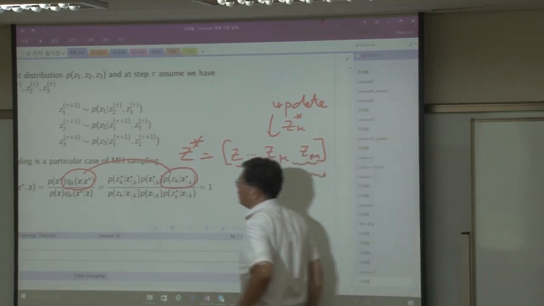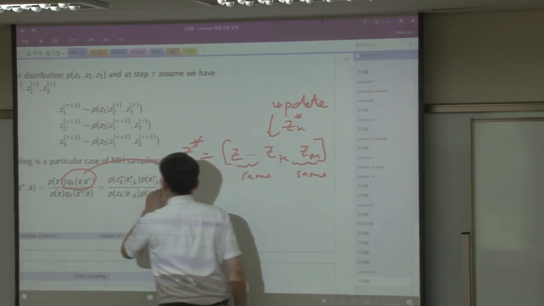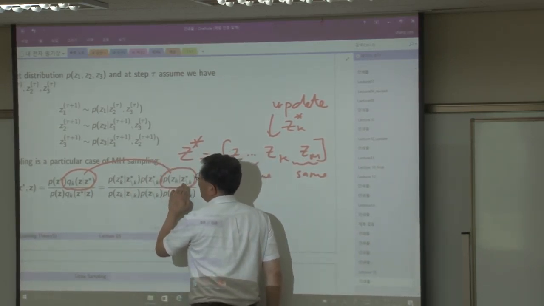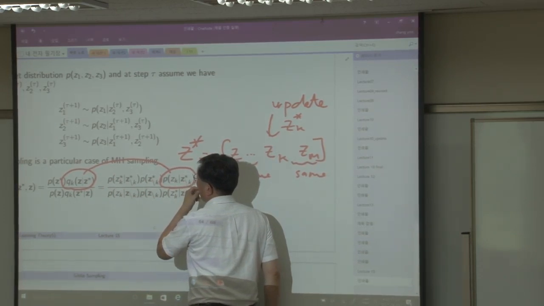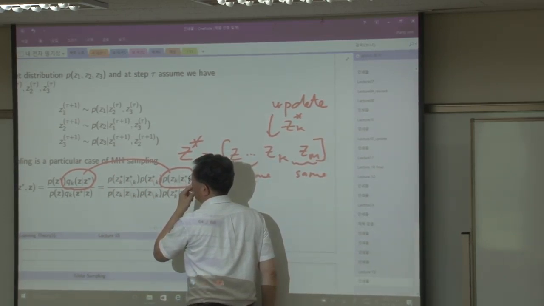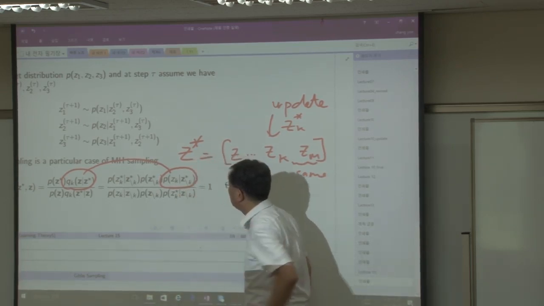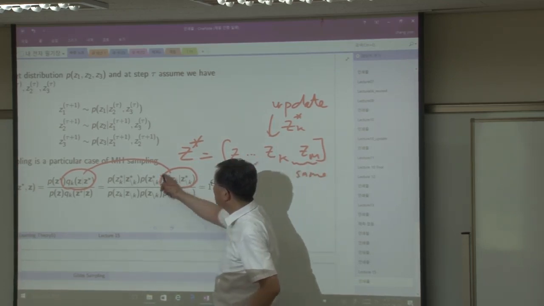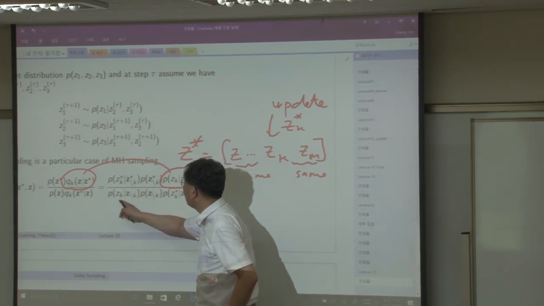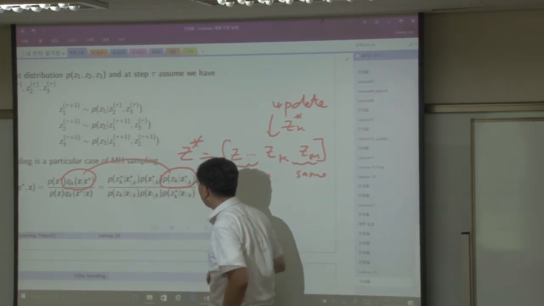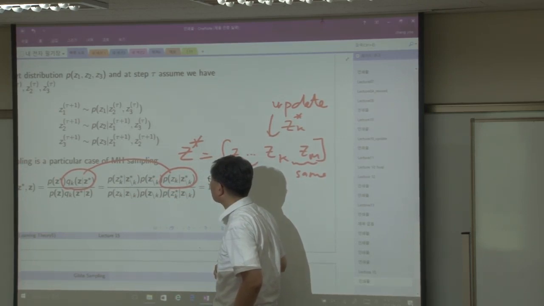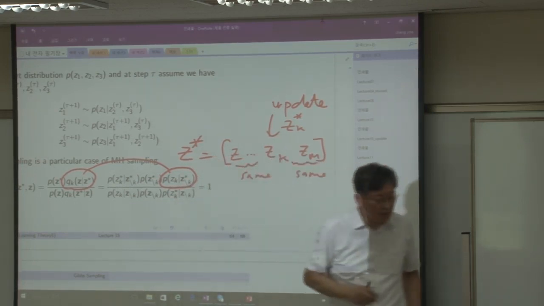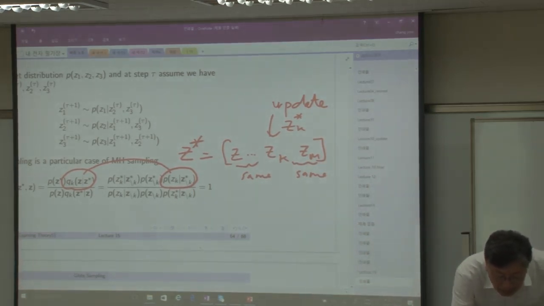Why? Because only the kth component is different. And somehow this has to cancel out with that, and that cancels out with that, and that cancels out with that. It has to do that. This, in fact, is Z_k and Z_k star.